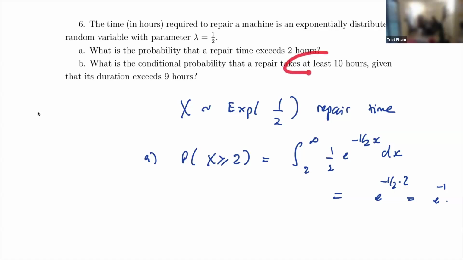So part B, right, what's the probability it will take at least 10 hours given that it exceeds 9 hours? Meaning what? Probability X bigger than or equal to 10 given X bigger than or equal to 9. What can we do here?